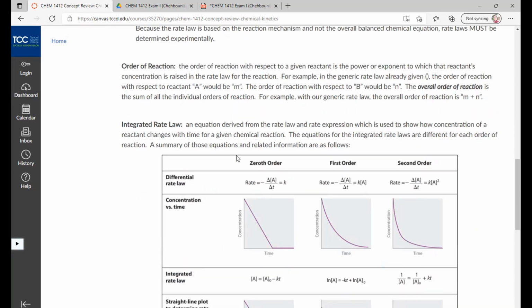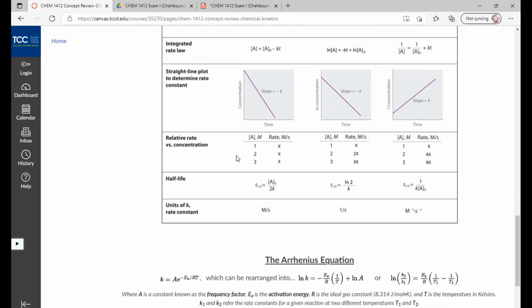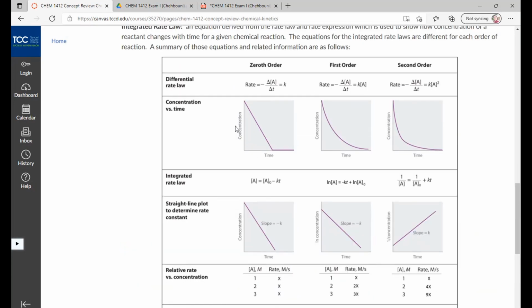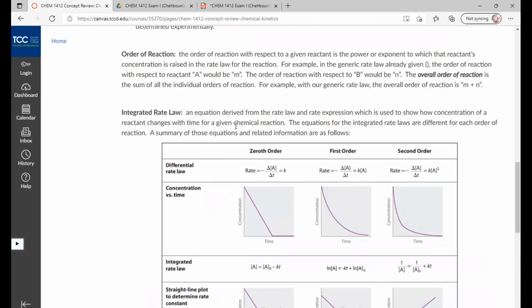So, well, that's like, okay, yeah, well, duh. But for something like this it is actually helpful, because A is a constant known as the frequency factor, Ea is activation energy, R is the ideal gas law constant. It gives the different values. So studying with one of these on hand, the chapter summaries, would be really helpful.